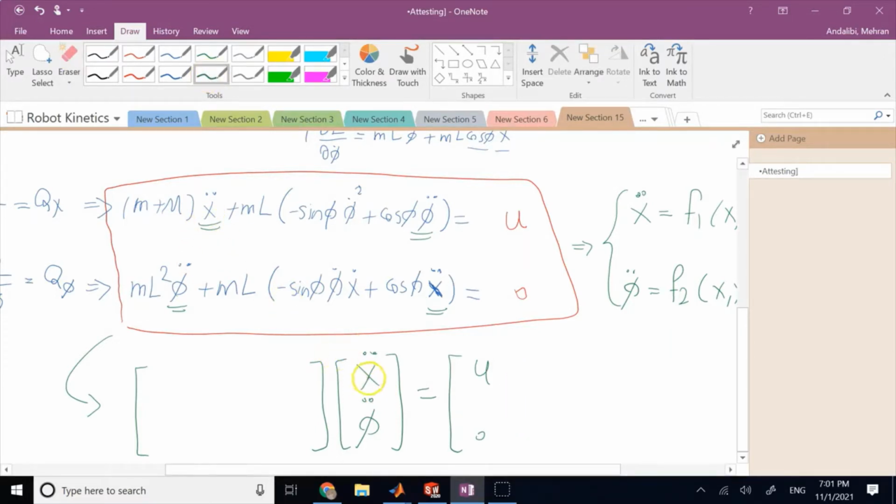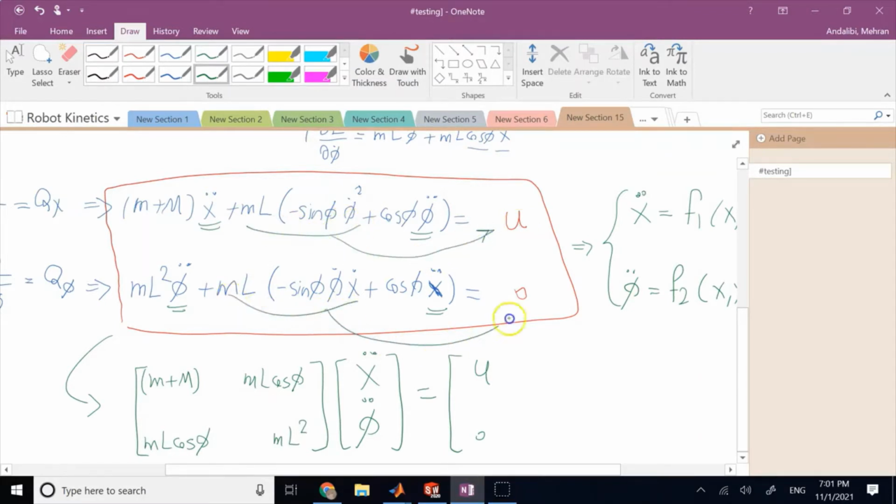So if you look, the coefficient of x double dot in the top one is m plus m, and the coefficient of phi double dot is ml cosine of phi. The coefficient of x double dot in the bottom one is again ml cosine of phi, and in the bottom one is ml squared. And any term that does not have double dots, you have to take to the right hand side. So this term here has to go to the right hand side as well as this term.